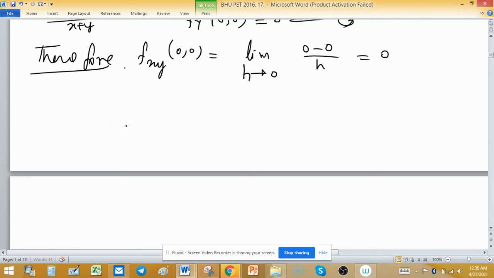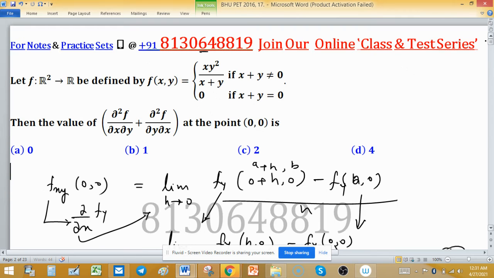Now asked about f_yx at (0,0). Same process here, because we are going to find the value of the second partial of f, partial x partial y, plus the second partial of f over partial y and partial x.